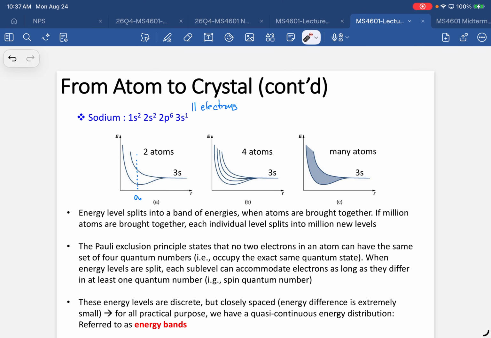Because there are a million energy levels within this defined area and the energy difference is so small, we consider it practically continuous energy within this band. This is what we call an energy band. So the energy levels are discrete but closely spaced, and the energy difference is extremely small. For all practical purposes, we have a quasi-continuous energy distribution within this shaded area, and this is called an energy band.